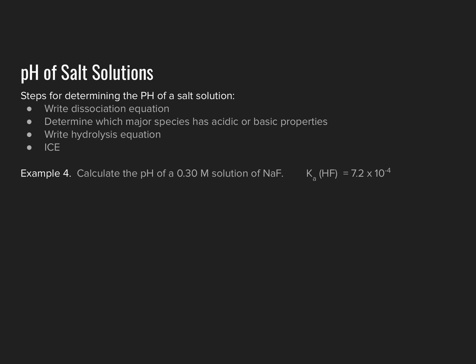So things I'd like you to do is, number one, write a dissociation equation showing the salt dissolving into solution. Once you have determined which ions are present in that solution, figure out which of those dissolved ions would exhibit acidic or basic properties.